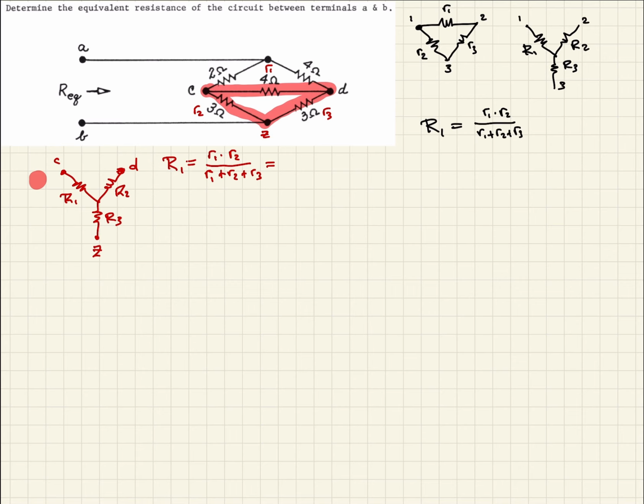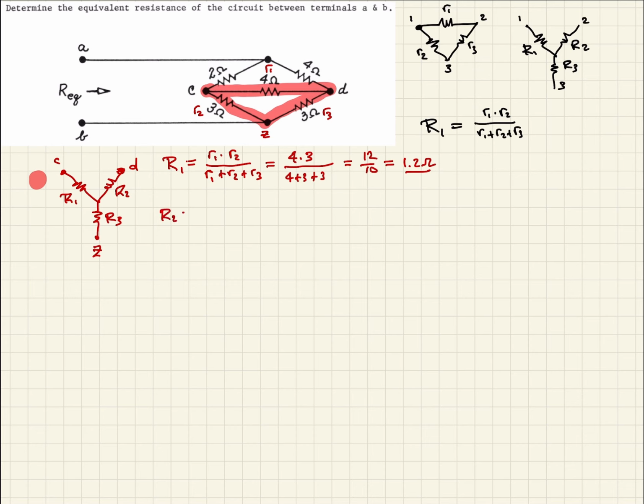So in our case, r1 is 4 and r2 is 3. And again, we'll have 4 plus 3, and then r3 is 3. So the denominator will be the same for each of them, so we don't have to calculate that every time. So here we get 12 over 10, and that's equal to 1.2 ohms. So that would be our value for R1.